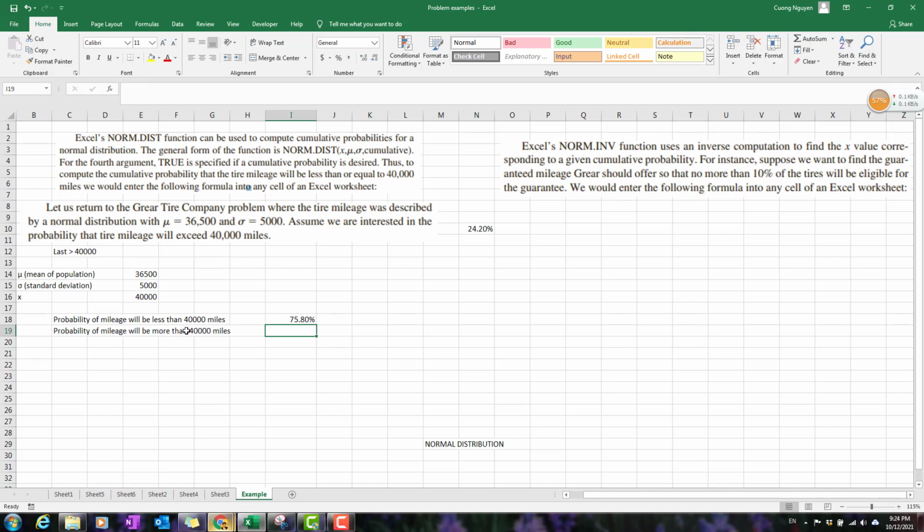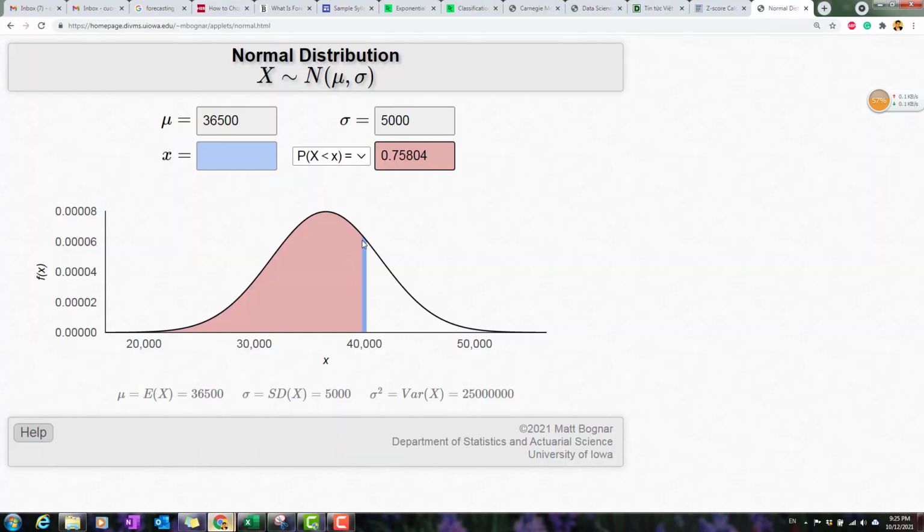And now the very simple thing will be like you have to measure for the probability that will be higher than 40,000 miles. That will be just like the inverse side of the thing, and just like you take 100%, right, and you minus for the probability of less than 40,000, and this will be the probability of more than 40,000 for this side of the thing.